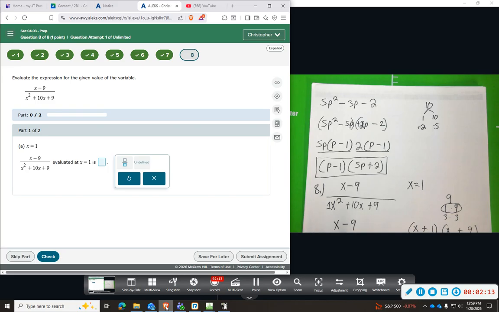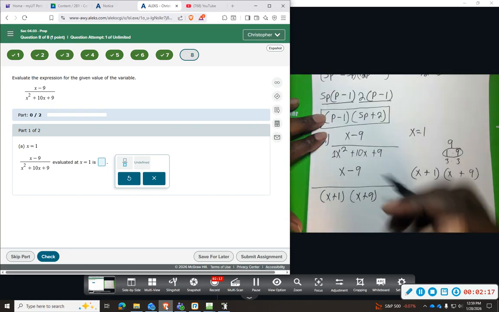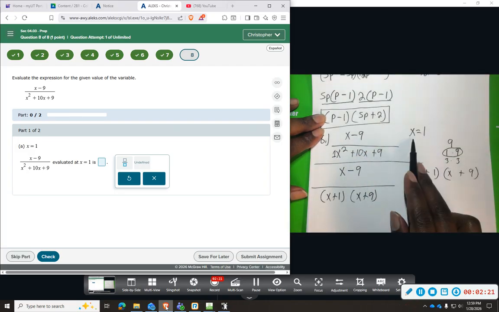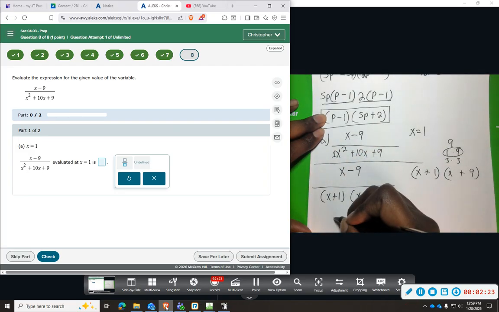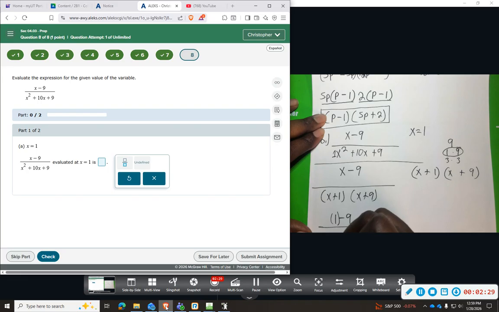Now, when they're all in linear factors, it's easy to plug in a 1 and do this. So we're looking at 1 minus 9, plugging in for that x. Then we're looking at 1 plus 1, and then multiplying that by 1 plus 9.